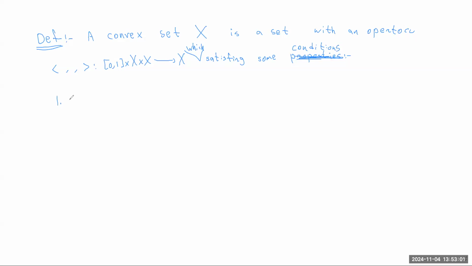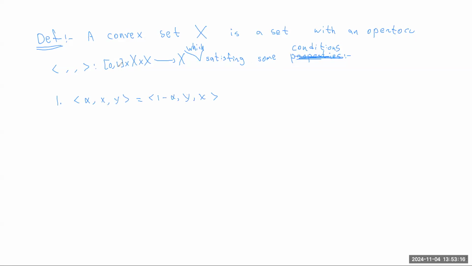First, for example, if I take alpha x y, it is the same as 1 minus alpha y x. What do we mean by this?